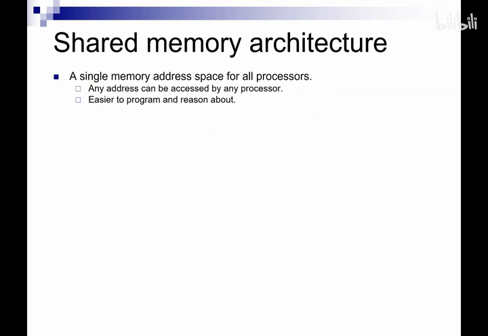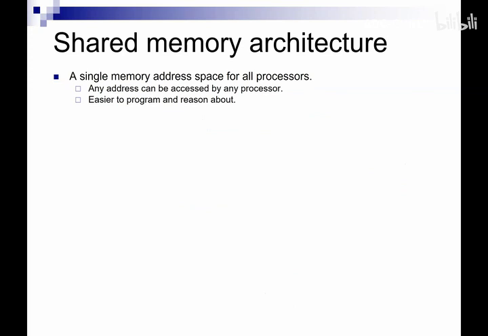Okay, so now using these links and the switches, we can build basically 2 large classes of memory architectures for parallel computers. So the first class is the shared memory architecture. And for the shared memory, we have a single memory address space for all the processors.